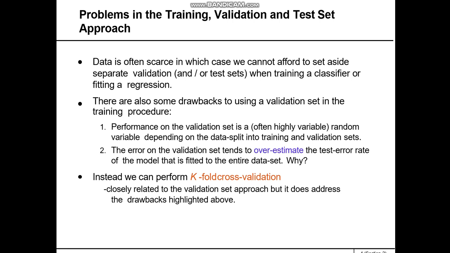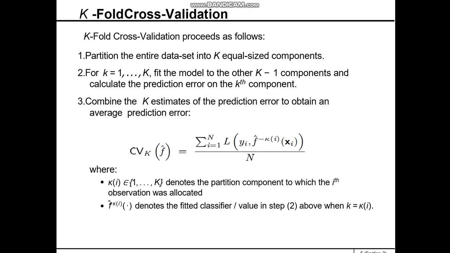सो व्हाट वी यूज़ इज़ द के फोल्ड क्रॉस वैलिडेशन. So what is k-fold cross validation? What happens is that we basically divide our data set into k groups, or we can say folds, of approximately the same size.